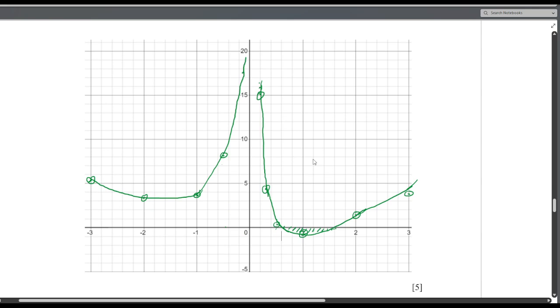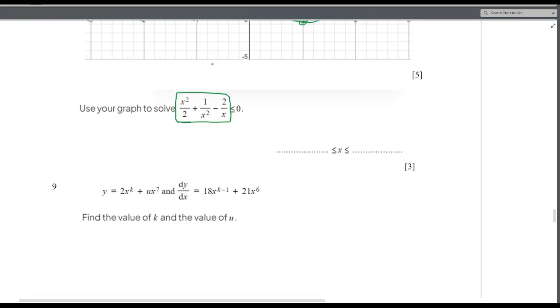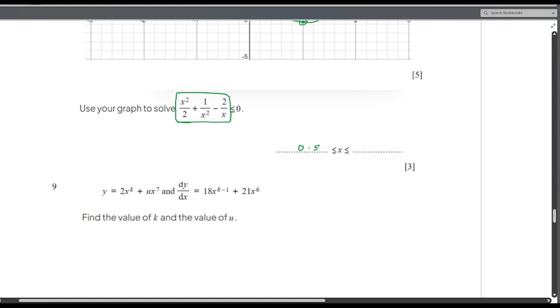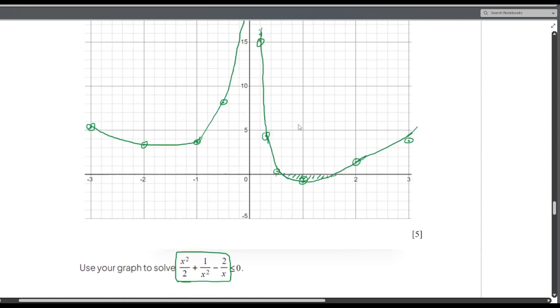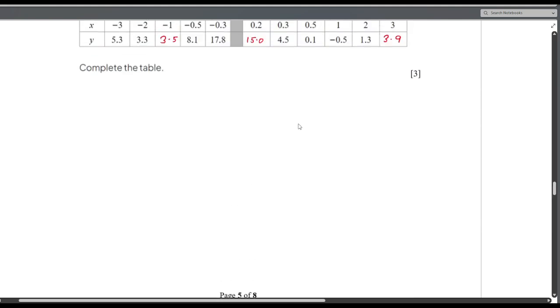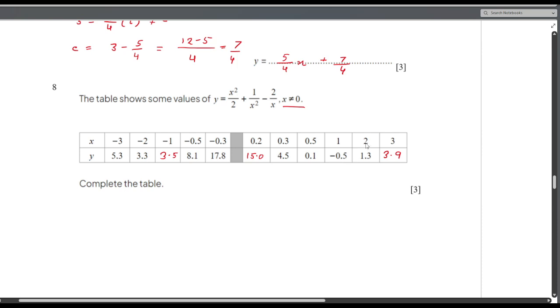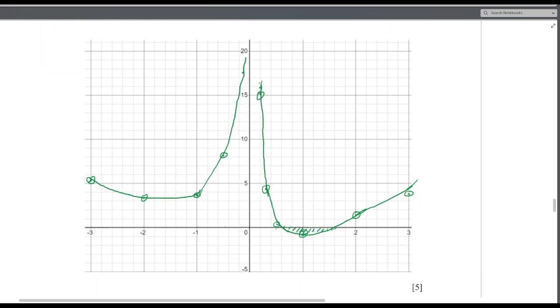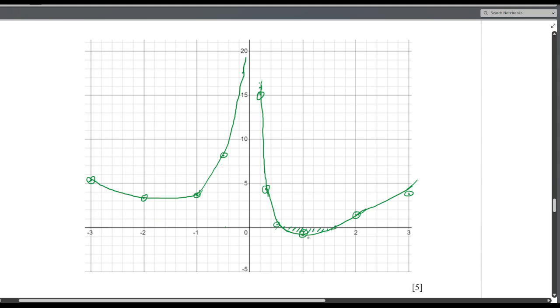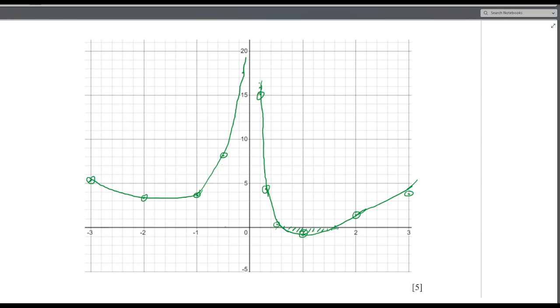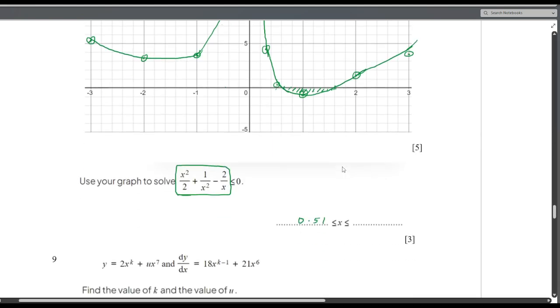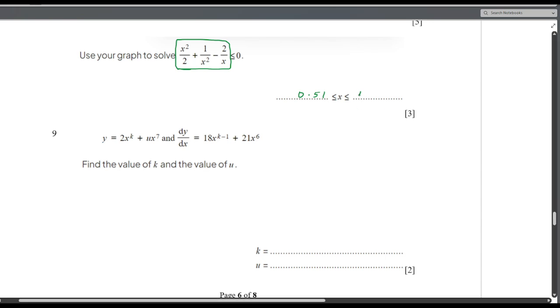So x is greater than or equal to 0.51. If I'm using the graph, it will definitely be more than 0.5, so let me take 0.51, and then it will be here, this point. This is 1, this is 1.2, 1.4, 1.6, 1.8, so it is somewhere at 1.6. So 0.51 to 1.6 will be your answer.